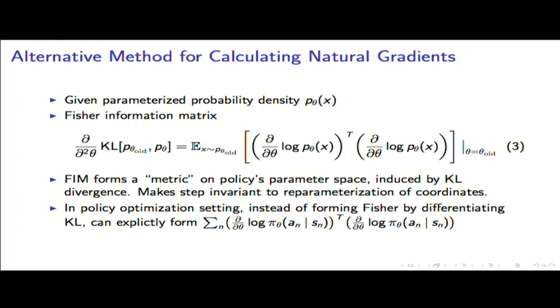The reason why we have theta in these expressions is because we're differentiating with respect to theta, but we need to make it clear that some arguments of the expression are fixed and some of them are variable and we're going to take the derivative with respect to them. So we take the derivative pretending that theta is different from theta old, and then we set theta equals theta old after taking the derivative.